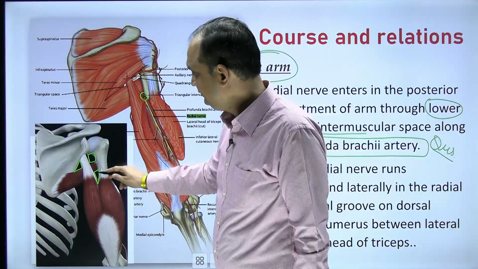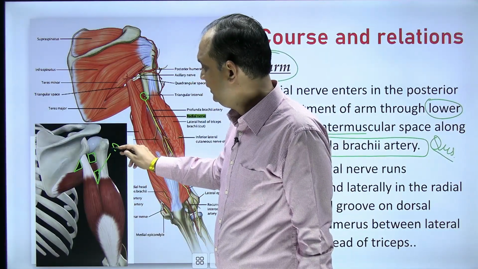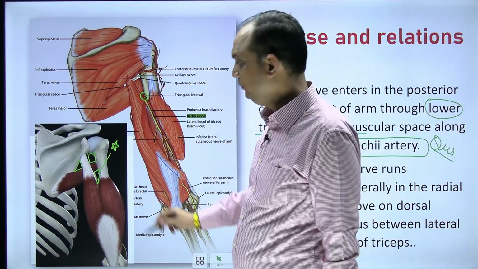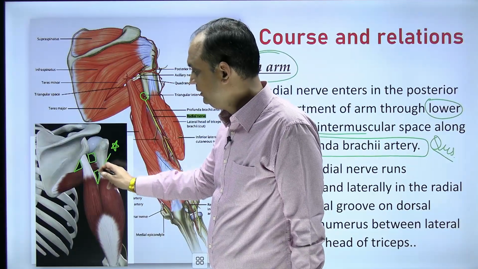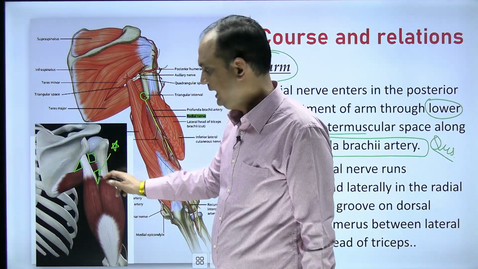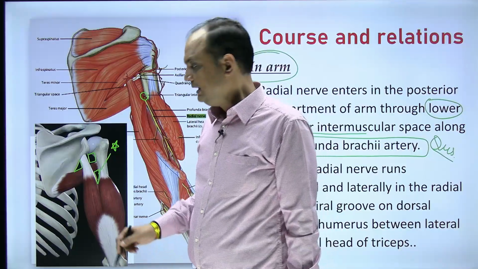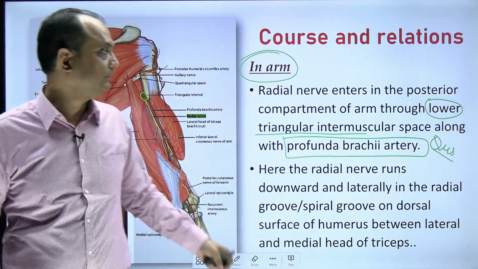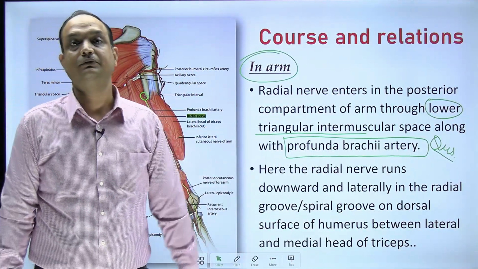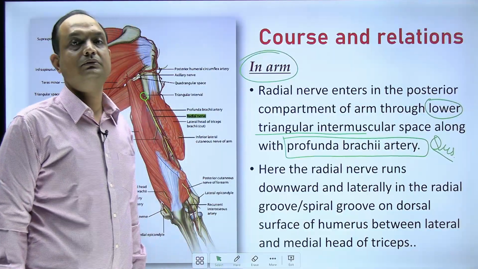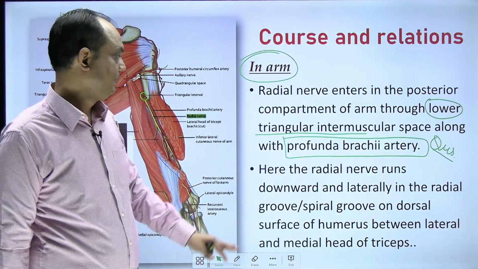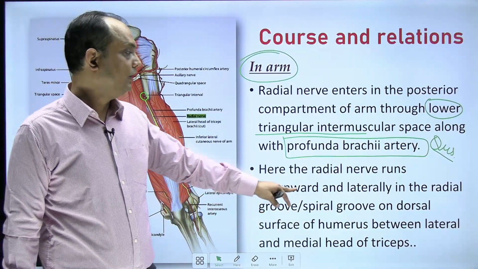Now we are concerned with this lower triangular space today, and it is bounded by the teres major above, and the long head of triceps and your humerus on the lateral side. Through this space, your radial nerve exits from the axilla and enters the posterior compartment of the arm. Here the radial nerve runs downward and laterally.